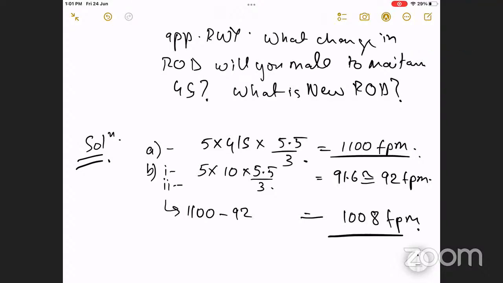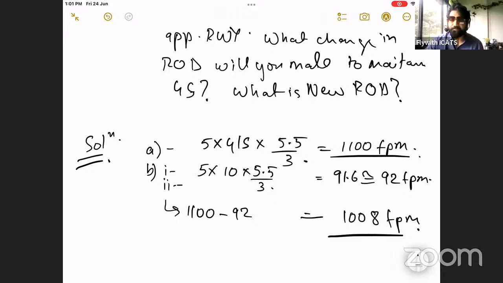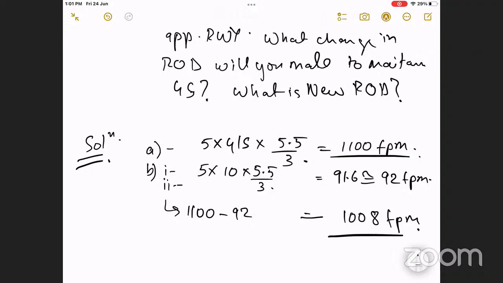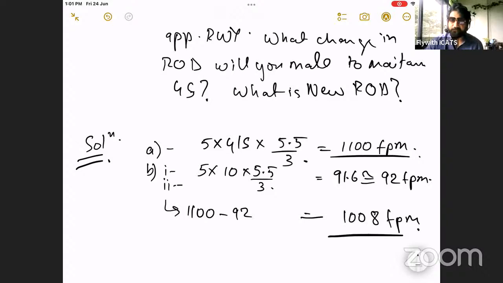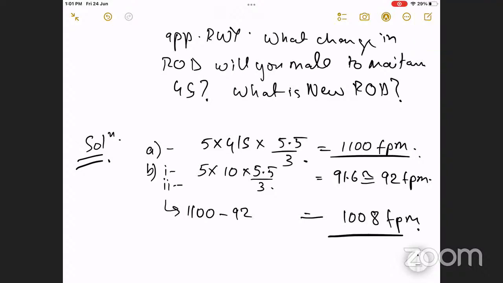Correct it quickly. Yes, sir. Rishi, why 5.5? Sir, I took glide slope. But in the formula, it's 5. It's a fixed figure, right? Yeah, sir. It's not the glide slope. It's a fixed figure. Make that correction and don't repeat that mistake again.